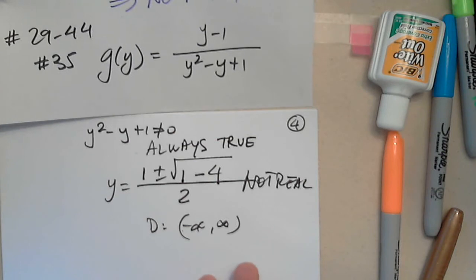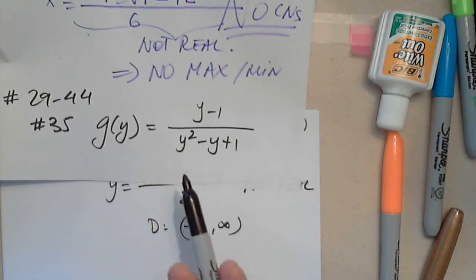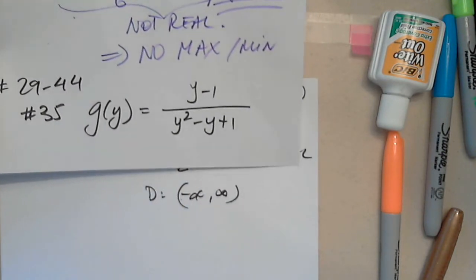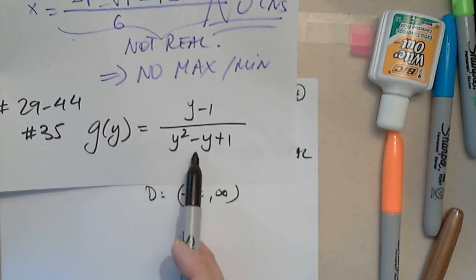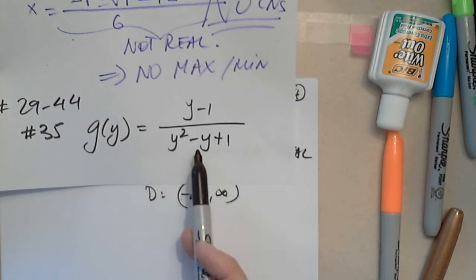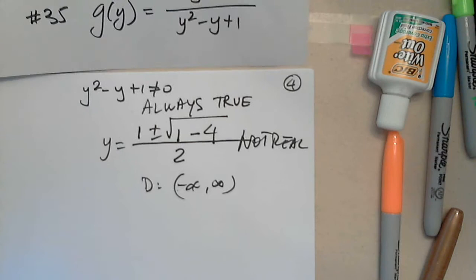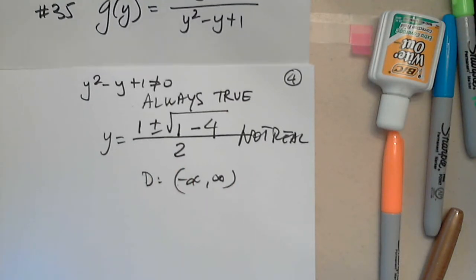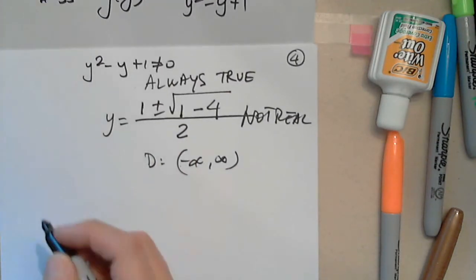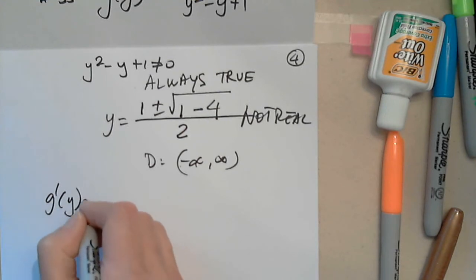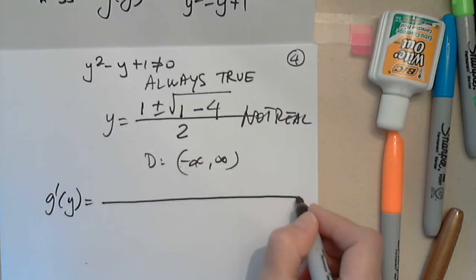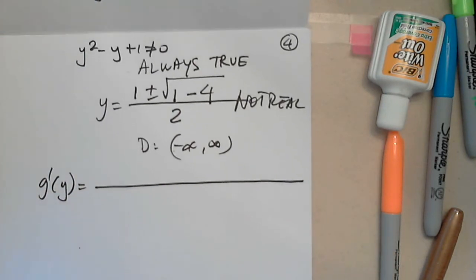So potentially critical numbers can come from g prime being 0. Well, we know it's not going to happen because when I differentiate this, I will have only this in the denominator squared. So I already know critical numbers will not come from g prime being undefined. But I have to find g prime. Watch me run out of room.